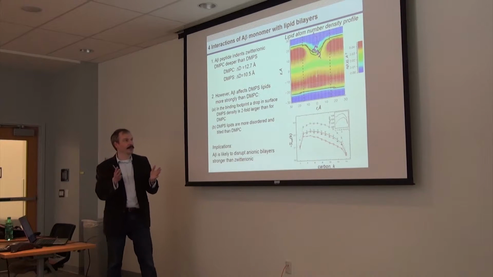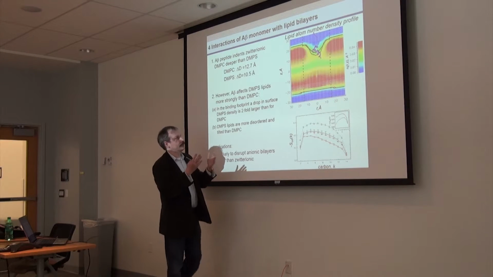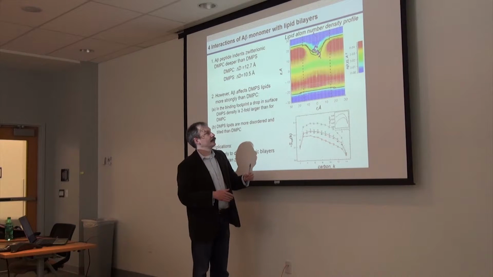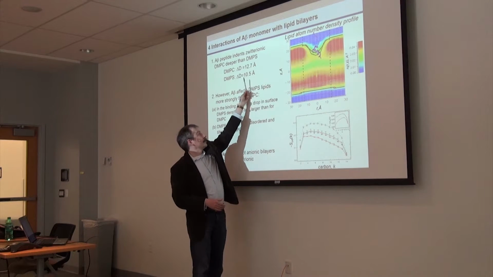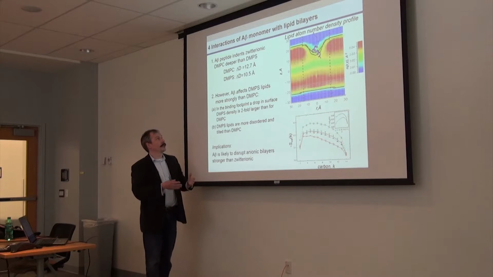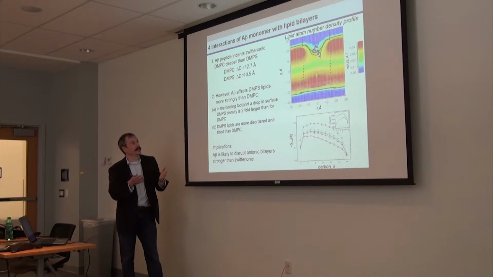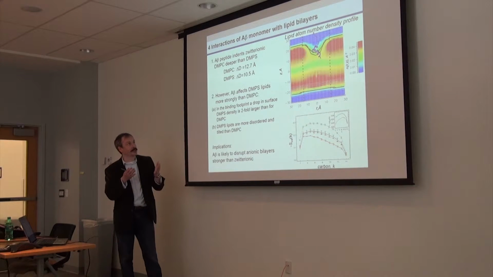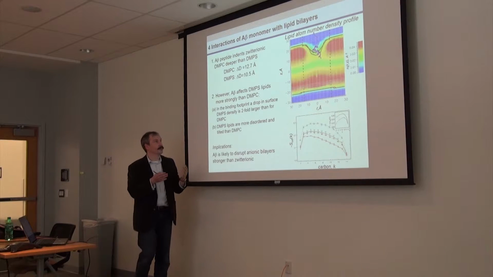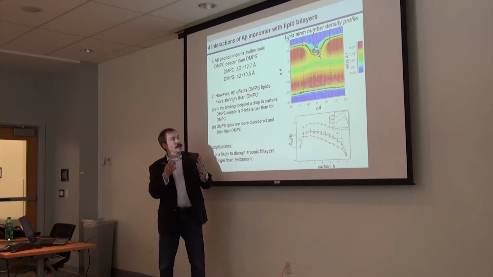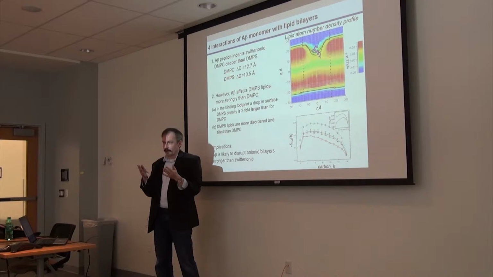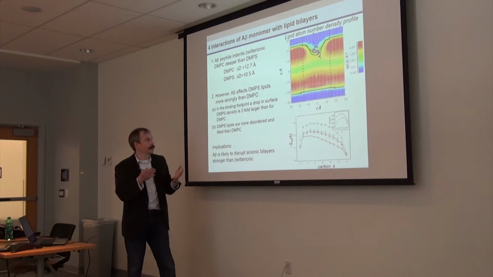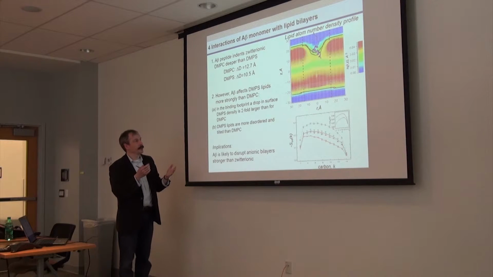The question is by how much, and what the dependence of this effect is on the properties of the bilayer. This direct computation shows that for the DMPC, the degree of indentation is somewhat larger, almost 3 angstroms. That is consistent with the deeper insertion of the beta into the bilayer.